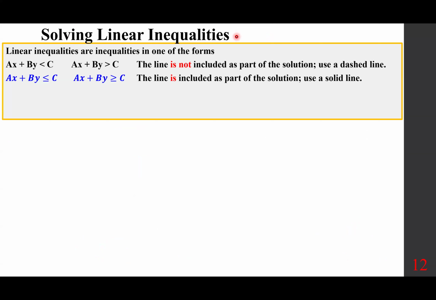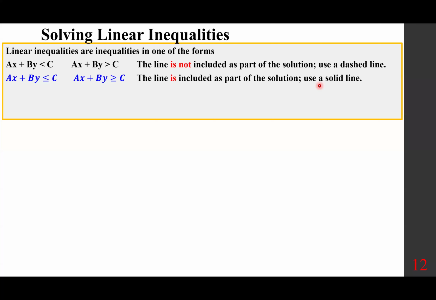Solving linear inequalities. Linear inequalities are inequalities in one of the forms ax plus by less than c, larger than c, less than or equal to c, larger than or equal to c. When it's just less than or greater than, the line is not included as part of the solution. Use a dash line. When we have the equality, the line is included as part of the solution. Use a solid line.